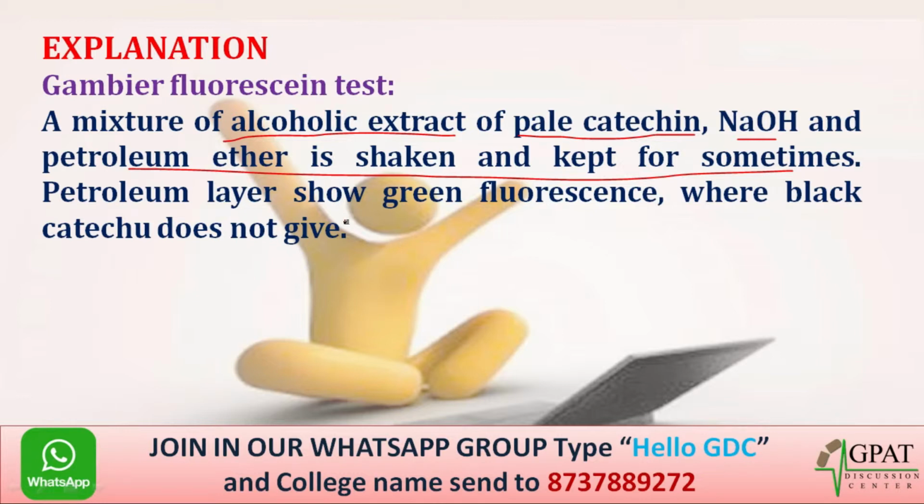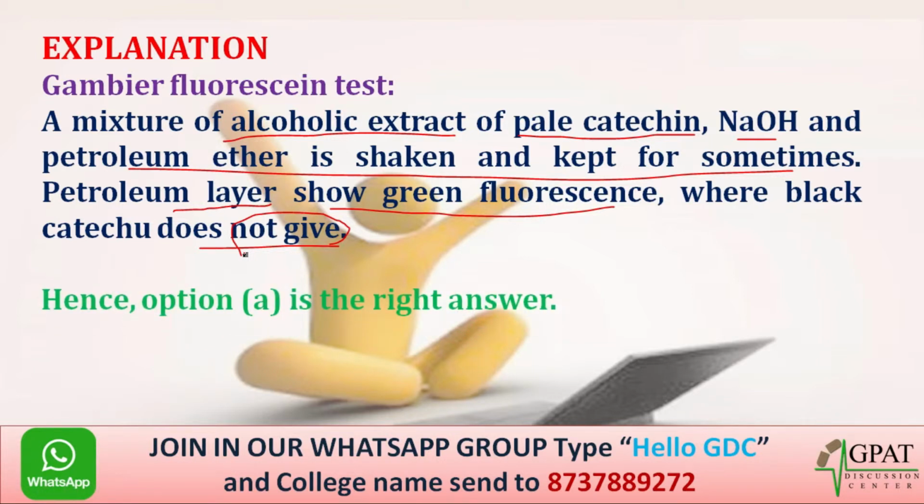What happens after this? The petroleum layer shows green fluorescence, whereas black catechu does not give any fluorescence. So this is all about the Gambier fluorescence test. The correct answer is pale catechu, that is option A.